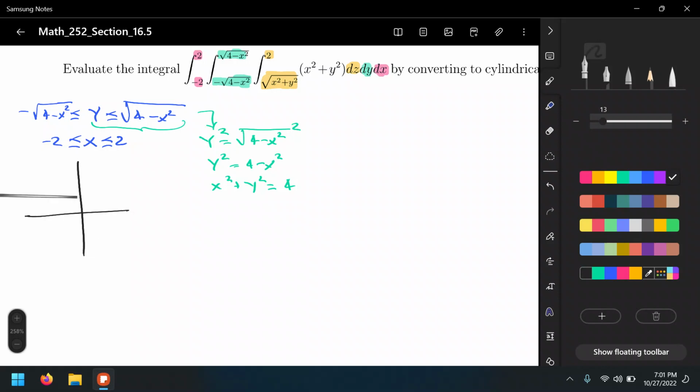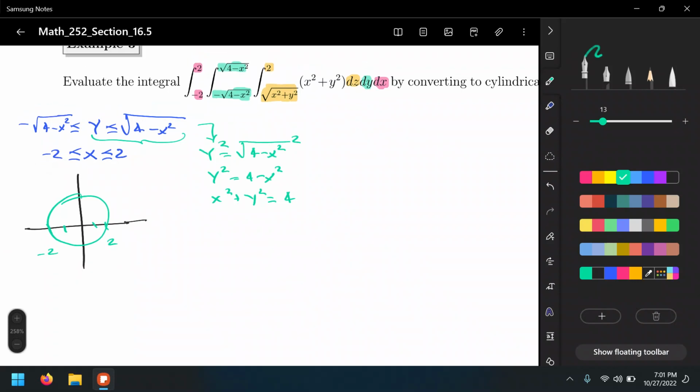Those are our limits with respect to x. And since we have the upper semicircle and the lower semicircle, the angle is going to vary between 0 and 2 pi. That is, we're going around the circle. From here we can start setting up the limits with respect to the new variables.